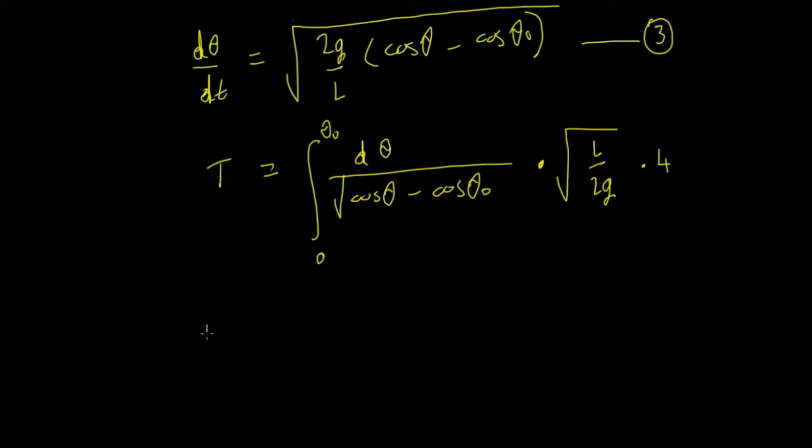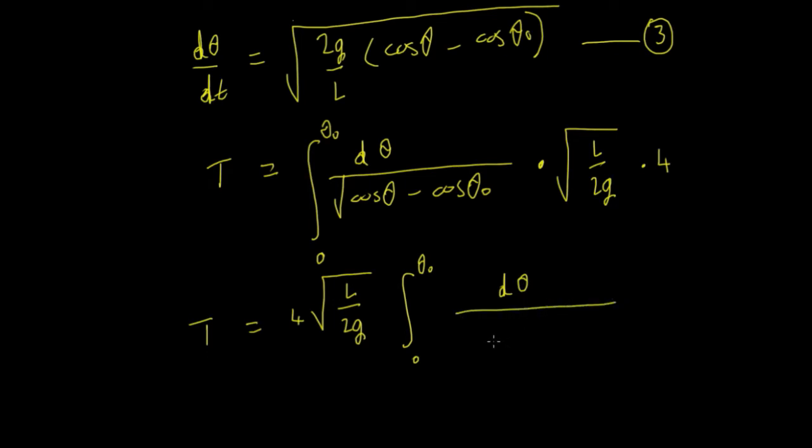I don't want to keep rewriting these things out, so I'll just rewrite it down here. We'll have T equals 4 times root L upon 2g times the integral from 0 to theta naught of d theta upon the root of cos theta minus cos theta naught.